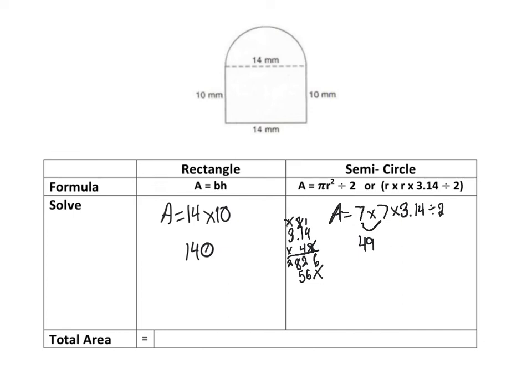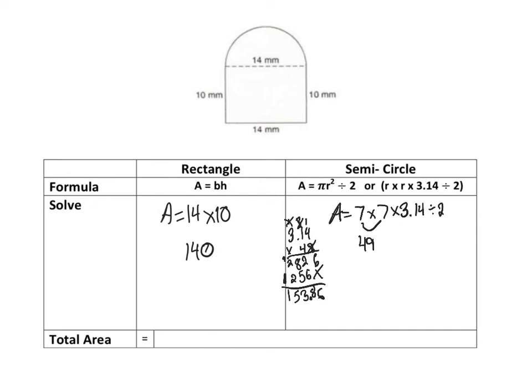And 4 times 3 is 12. Now we need to add. We have 6, 8, 13, so we put a 3, carry the 1. 2 plus 2 is 4, plus 1 is 5, and 1 left over to bring it down. Don't forget about that 1 right there. Now there are 2 decimal places, so I move my decimal 2.